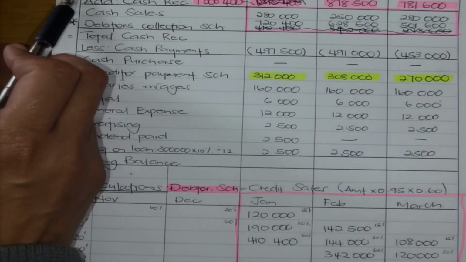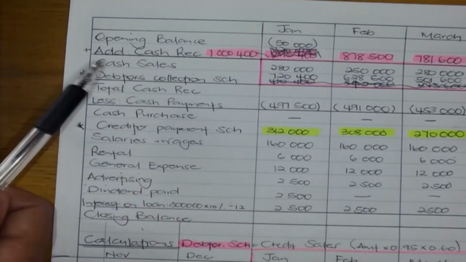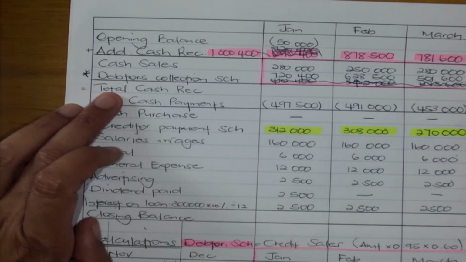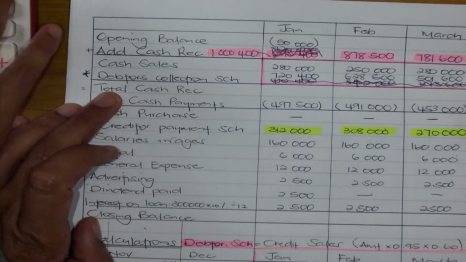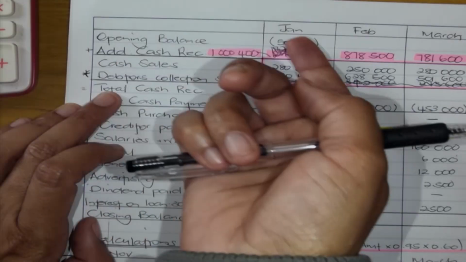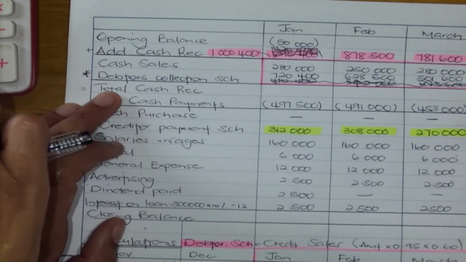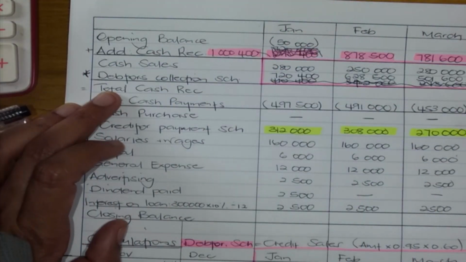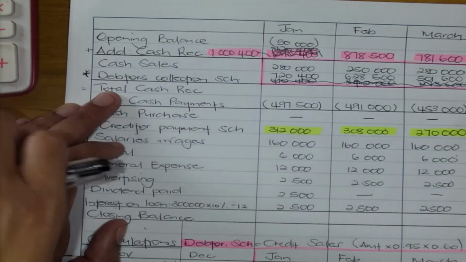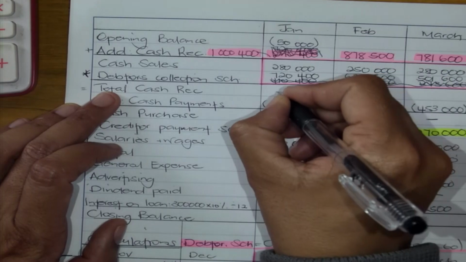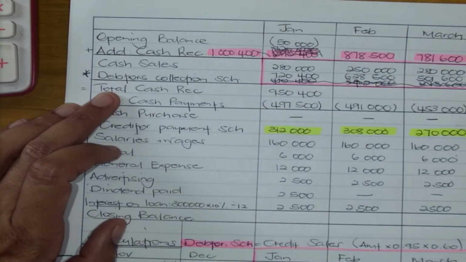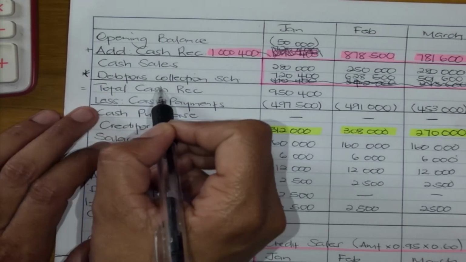Okay, and now here's where my framework comes in. I take my opening balance, I add my cash sales. This will give me my total receipts, right? So my opening balance is 50,000, right? So I'm going to take the 50,000. Even if I say minus 50 plus, it will still give me the correct answer. So it is 950,400, right? So it's equal to my total cash receipts.